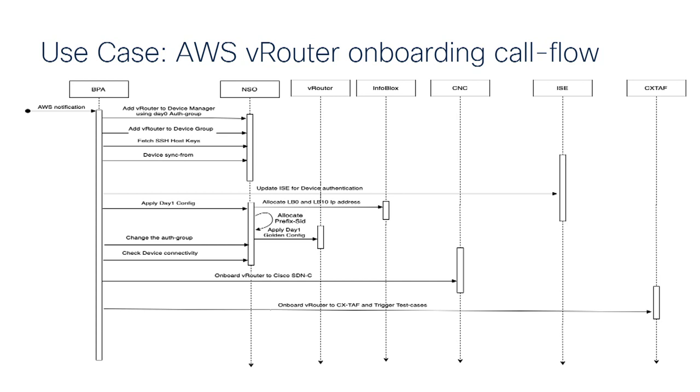Optionally, depending on the scenario, we also trigger a workflow to CX staff, which is our test automation framework, to run a certain number of test cases that validate the functionality of the day one configurations. So that's a high-level view of the vRDS onboarding workflow.